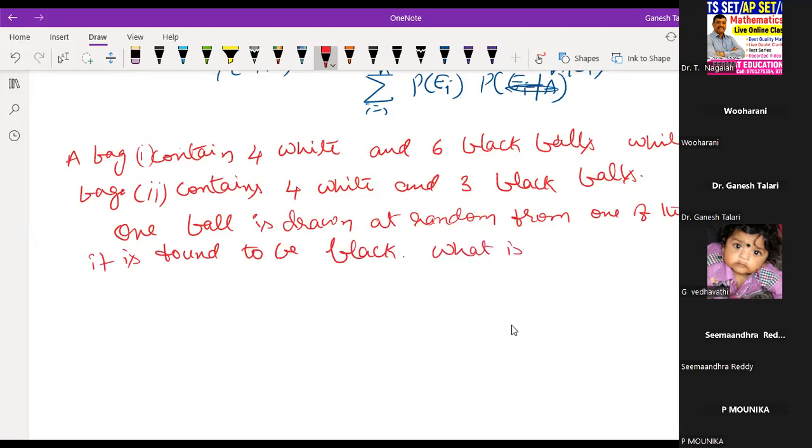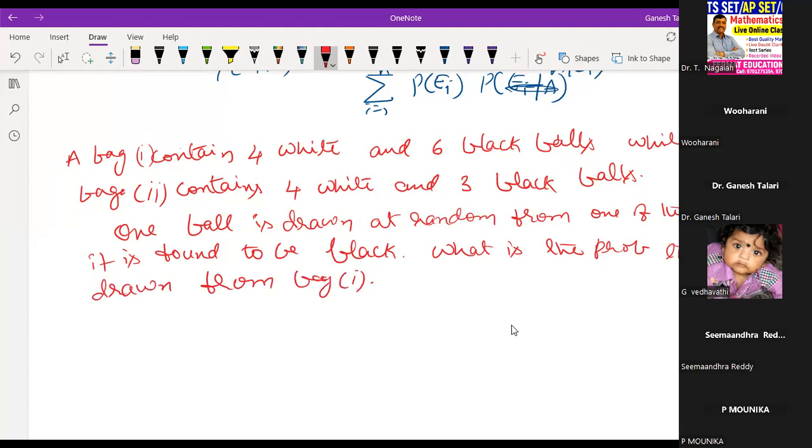So what is the probability that it is drawn from bag 1?